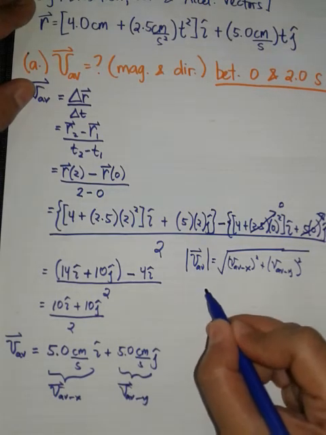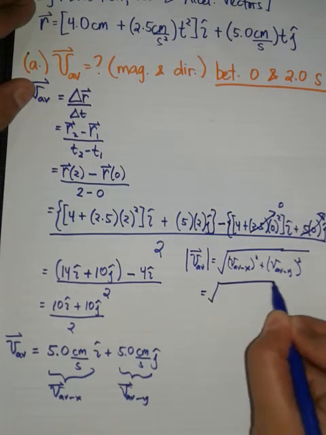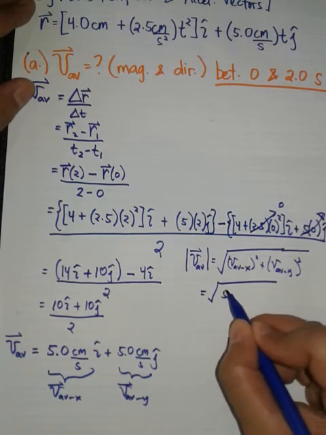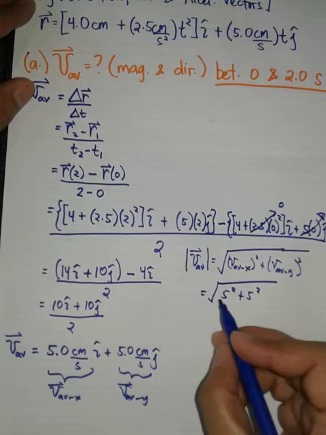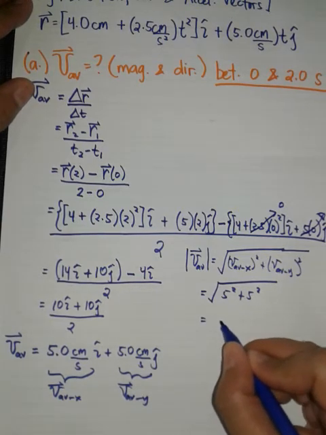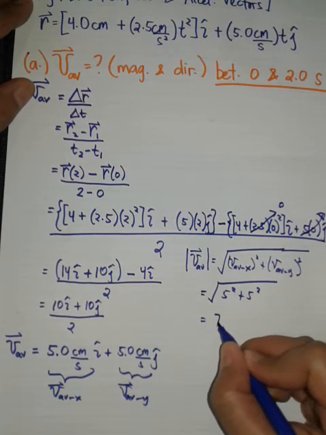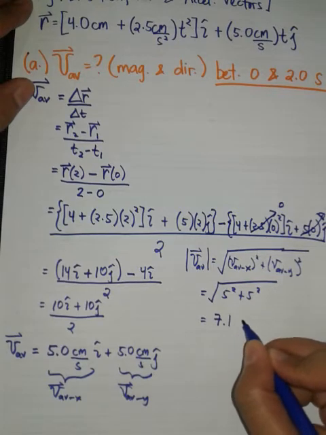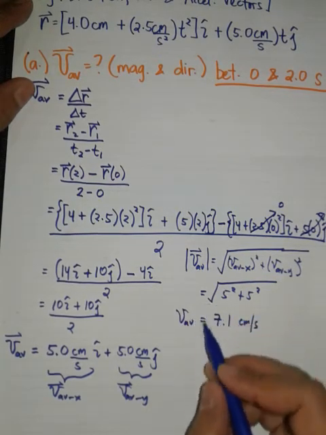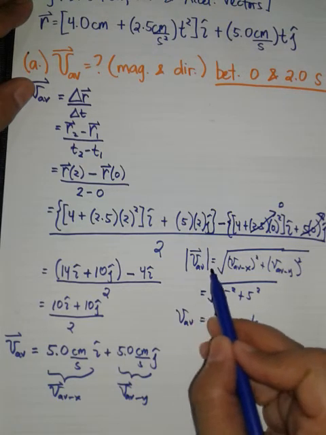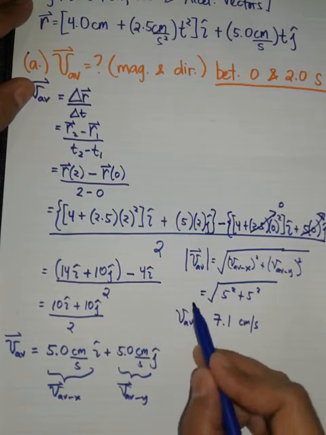Okay. So, plugging in the values here. It's just 5 squared plus 5 squared. So, you have 5 square root of 2. And that would be, in two significant figures, 7.1 centimeters per second. This is the magnitude. So, if I do not want to use the absolute value symbol, hindi ko lalagyan ng arrow sa taas.